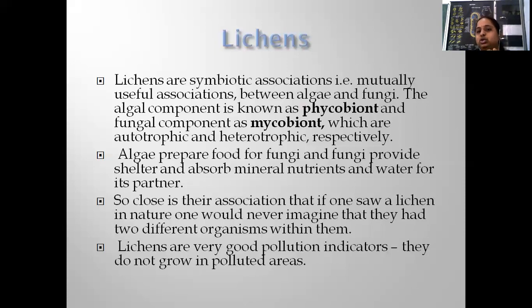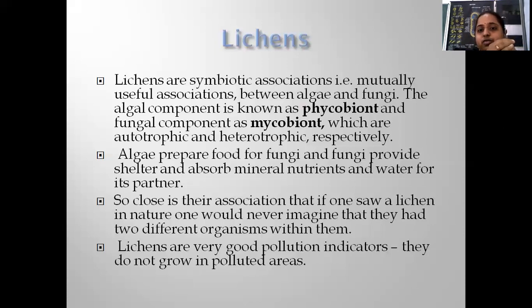So both are staying together. Algae is autotrophic, it prepares food, whereas fungi is heterotrophic. It gives shelter to the algae. Now, how do they have a mutual understanding? Algae is green in color. It undergoes photosynthesis and prepares food.